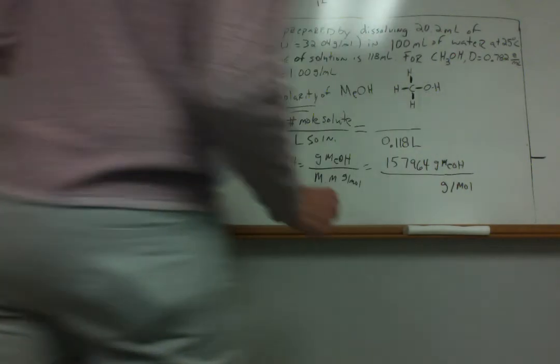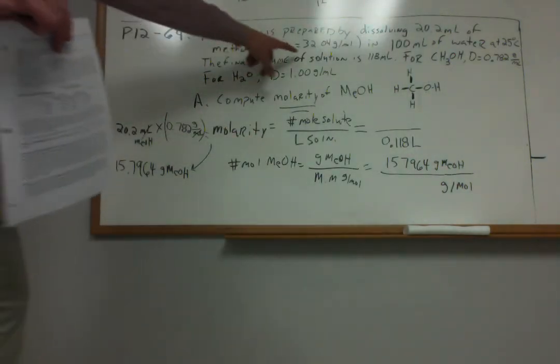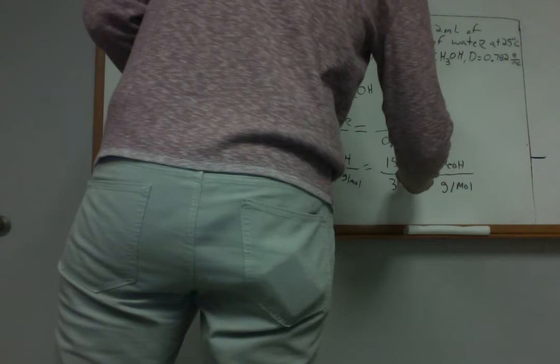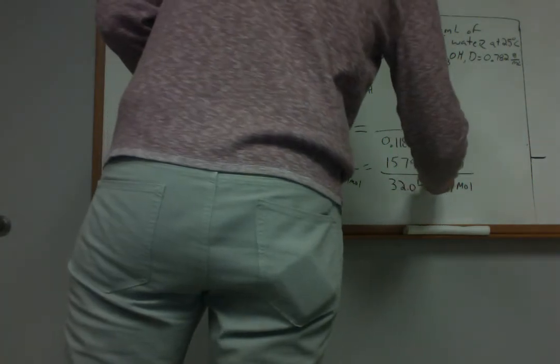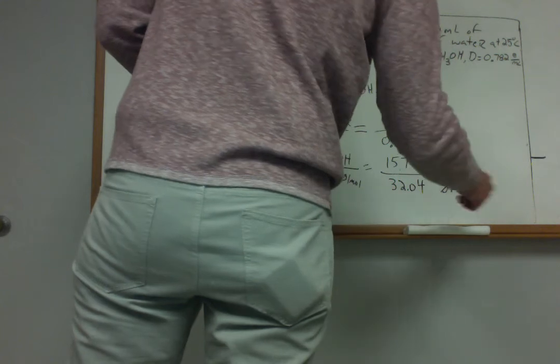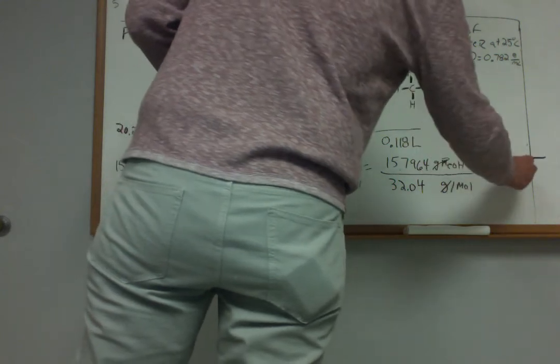I'm going to divide by my molar mass. That was given to me in the problem here as 32.04 grams per mole. Okay. Grams unit cancel, and I'm left with 1 over moles, which is just going to be mole units.